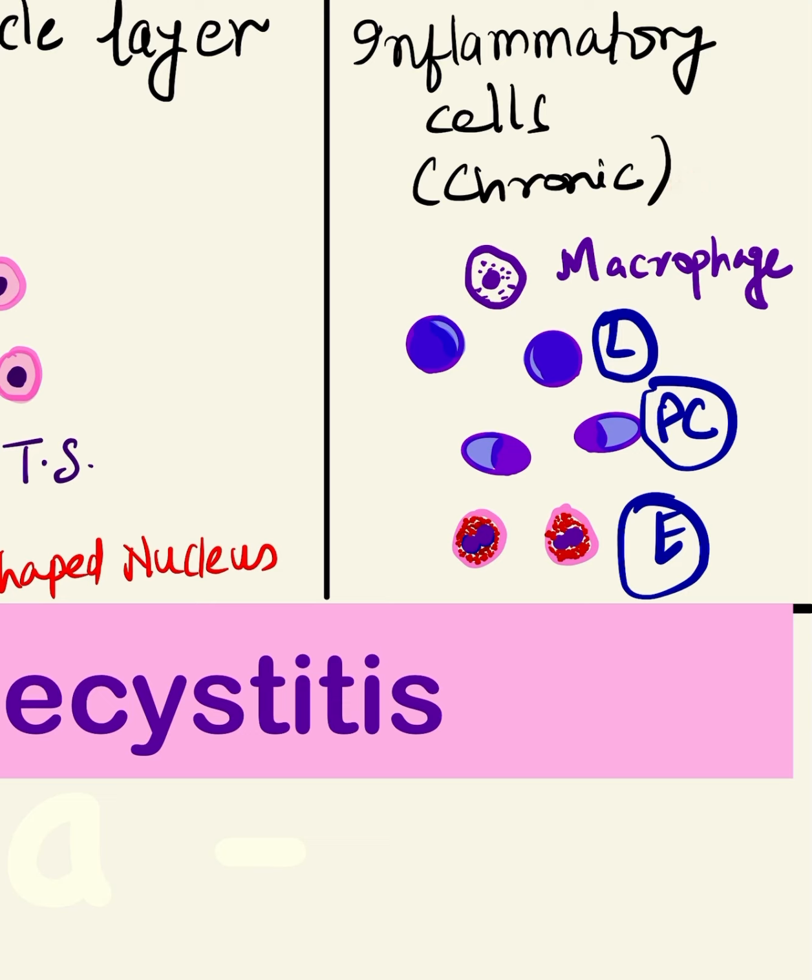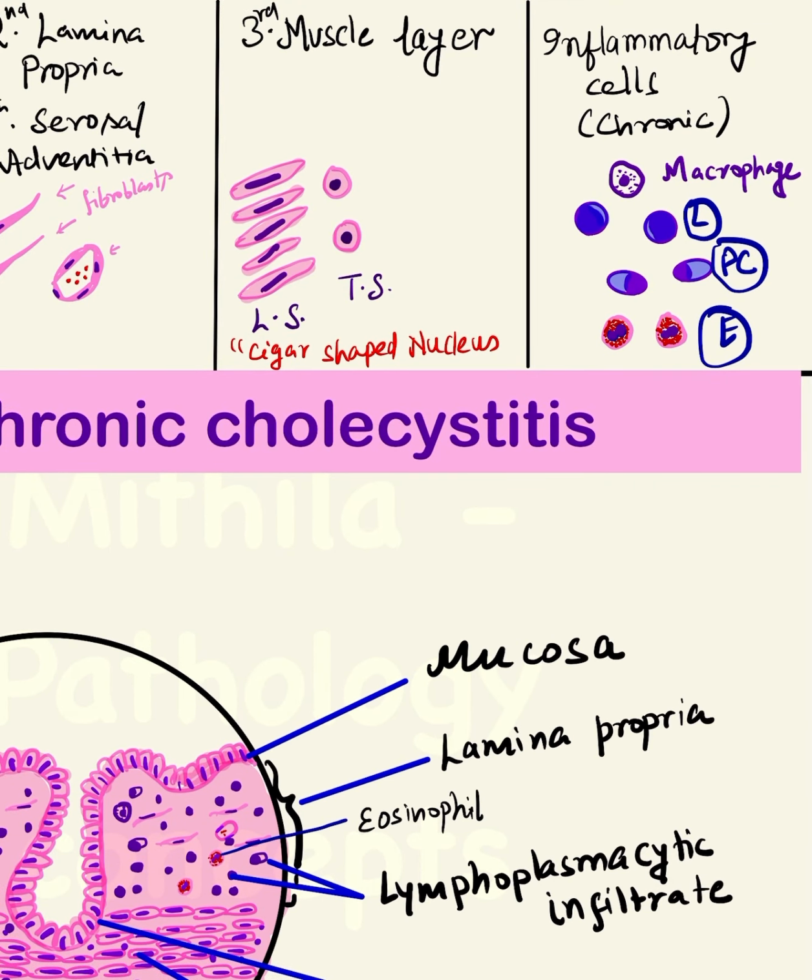Which cells can we see? We will see macrophages, with a rounded nucleus and foamy cytoplasm, also known as foamy histiocytes. Then lymphocytes, again with a round nucleus, condensed chromatin, and scanty basophilic cytoplasm. Then plasma cells, which have an eccentric nucleus, basophilic cytoplasm, and a perinuclear halo.